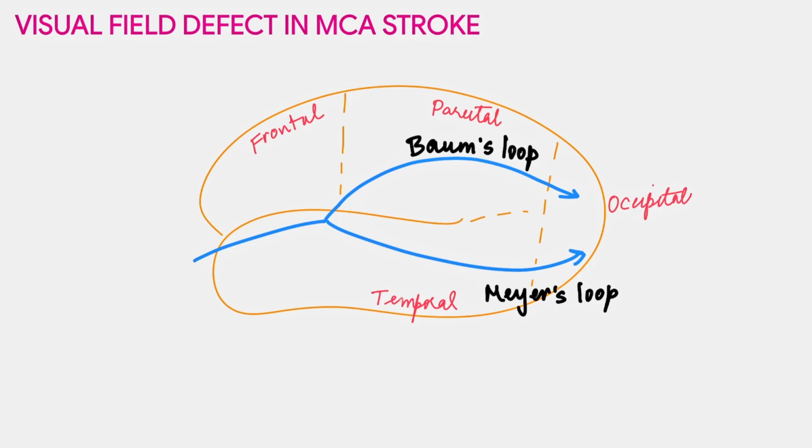A way to remember it is temporal has an M, and Meyer's also has an M. Okay, now, before we talk about the defect, just like how there was a blood supply difference for Broca's aphasia and Wernicke's aphasia, similarly, you'll have the MCA.